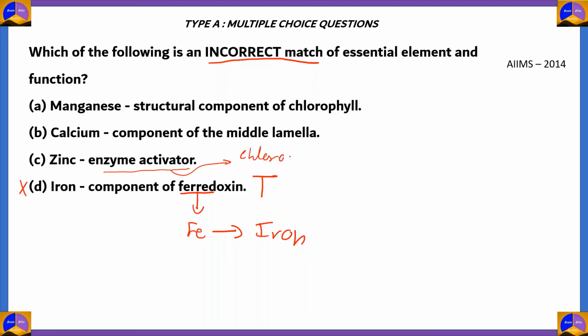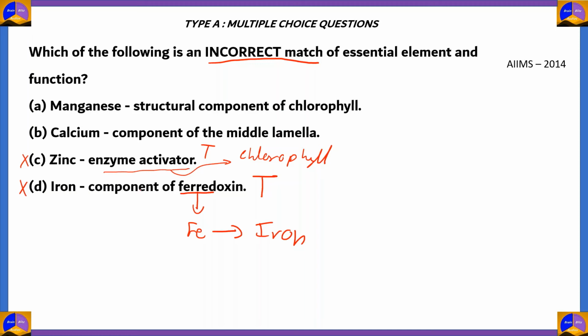Chlorophyll has a number of enzymes inside it, and zinc, which is present in chlorophyll, acts as an enzyme activator. So option C is true, which makes it incorrect once again. Now the incorrect here is referring to the answer, the right answer. And the right answer here has to be the incorrect match.